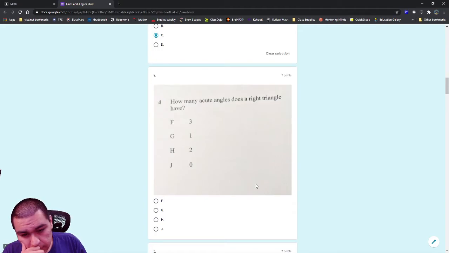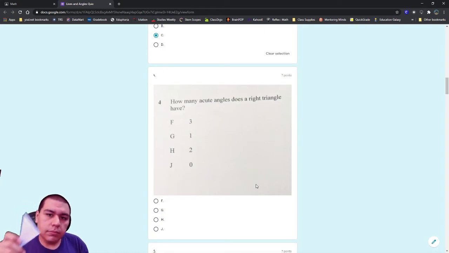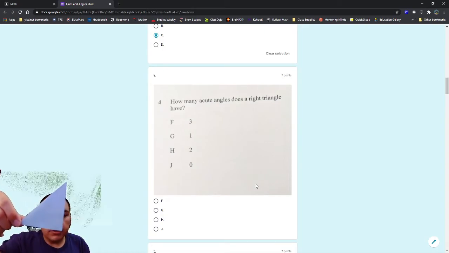Okay, so right triangle. I can make one here. A right triangle is a triangle, like the name says, but what makes it a right triangle, this would be a right triangle here.